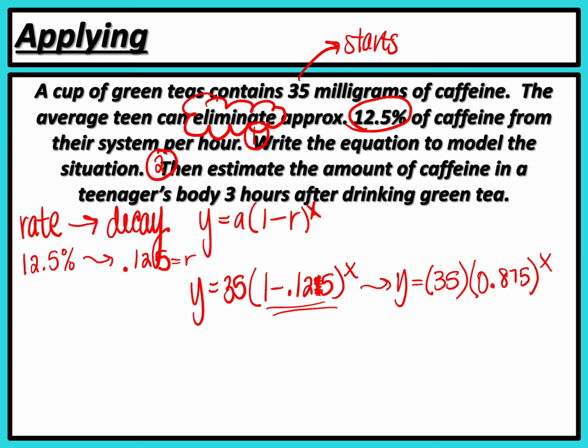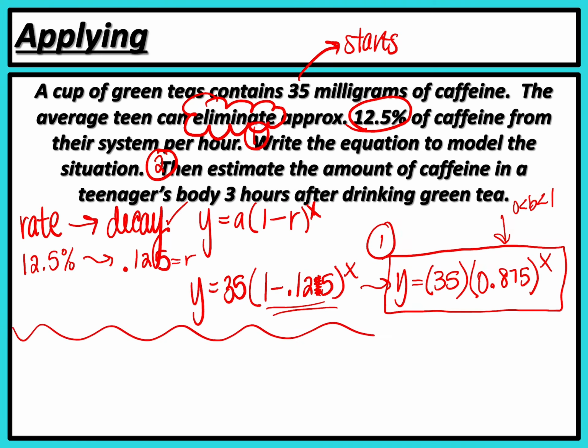So we're just doing 1 minus 0.125, and that's where we get that 0.875. Okay, so we see this equation too. This indicates that it's going to be a decay that I chose earlier because my base is in between 0 and 1. Okay, now the last thing for me to do, so this was step 1, so now step 2.